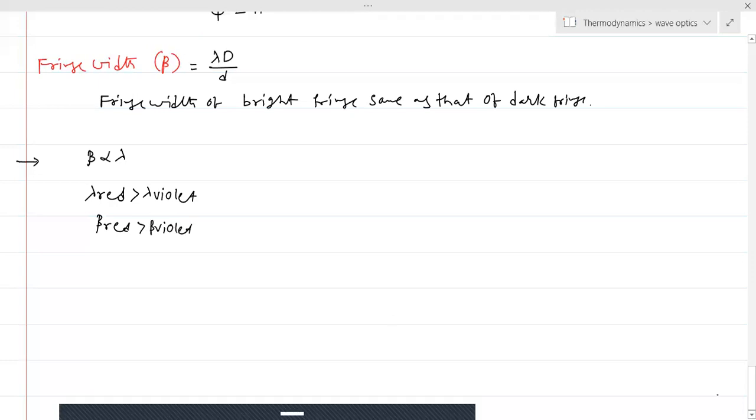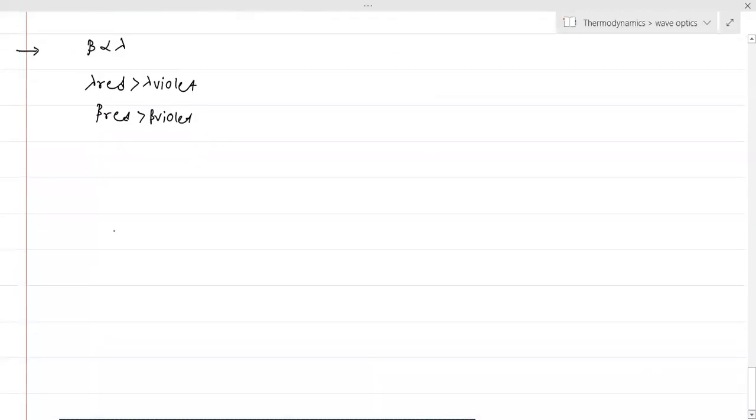Next, after taking beta is proportional to lambda, we think of the medium. Beta is proportional to lambda, and we know lambda is proportional to 1 by mu.